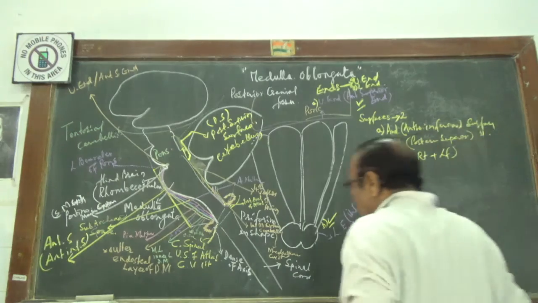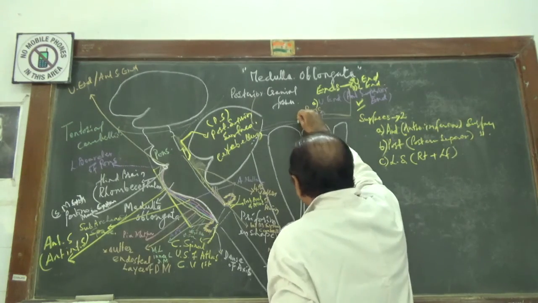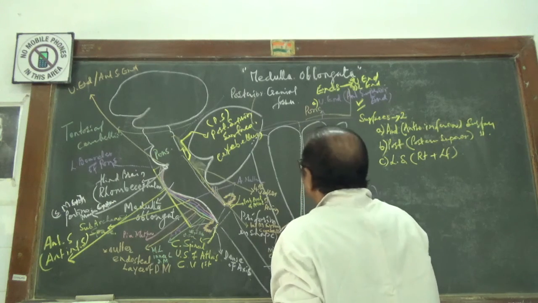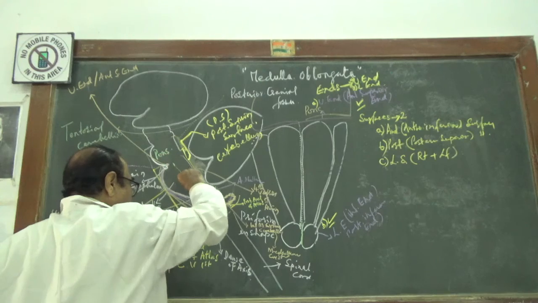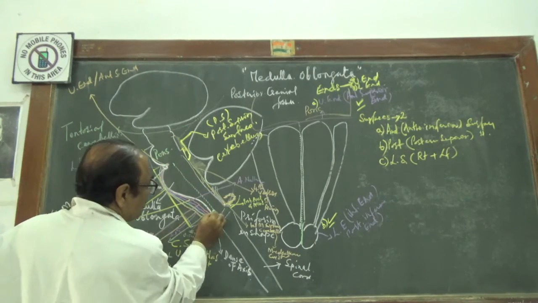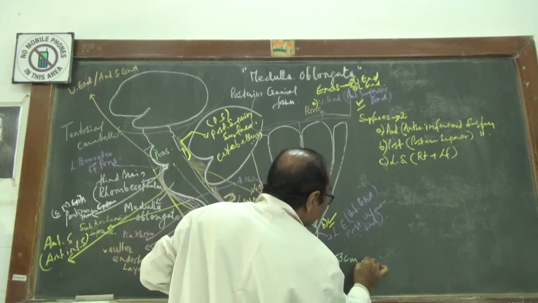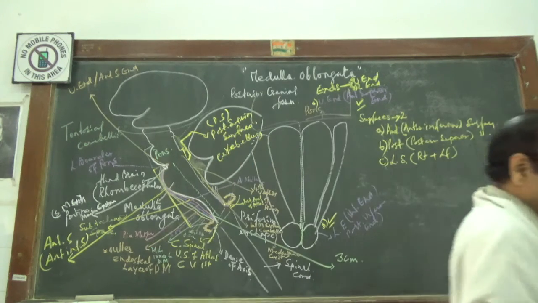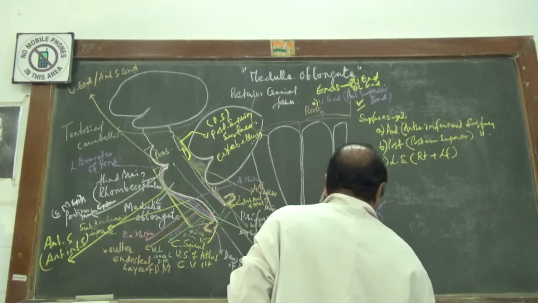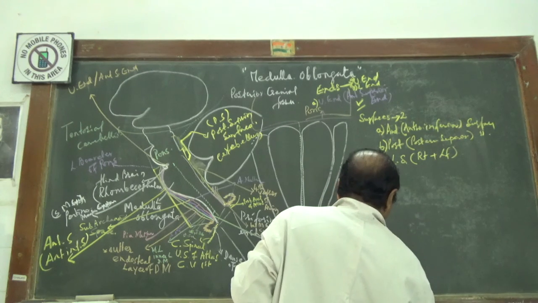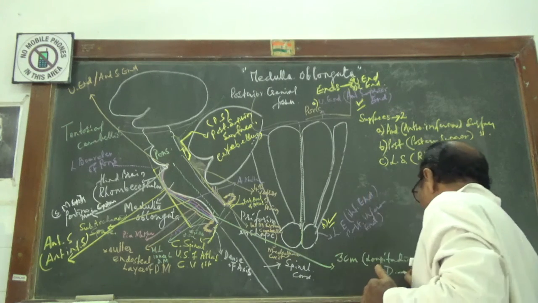Now after this, you should know its dimensions. The length, from here to here, is 3 centimeters. That is the longitudinal distance, or you can call it the length.